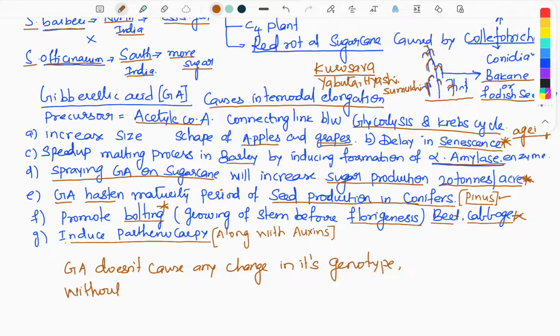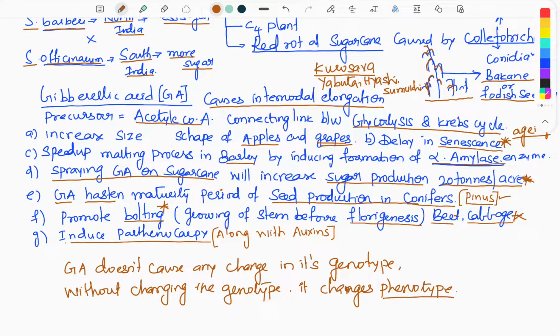Do remember, without changing its genotype, it changes its phenotype. This is very special. That is, whatever changes that takes place in phenotype of the plant by application of gibberellins is not transmitted.